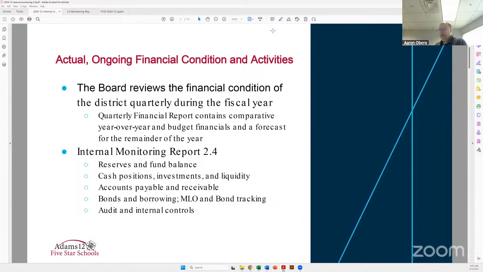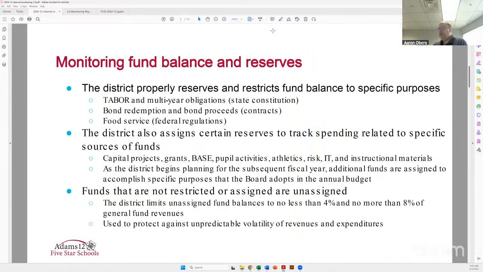But this particular one is about the district's requirement, the superintendent's requirement to provide an internal monitoring report 2.4 to the board on a quarterly basis. That coincides with providing financial statements as well.